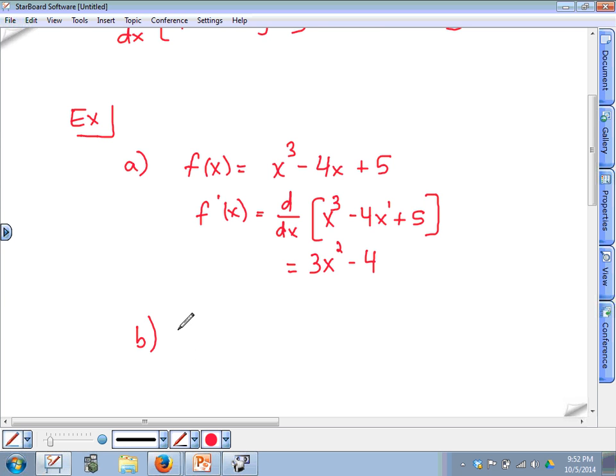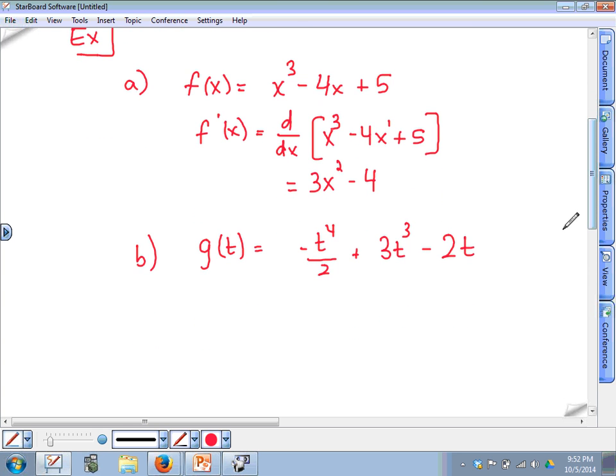And again, there's another polynomial here. Let's do g of t is negative t to the 4 over 2 plus 3t to the third minus 2t.